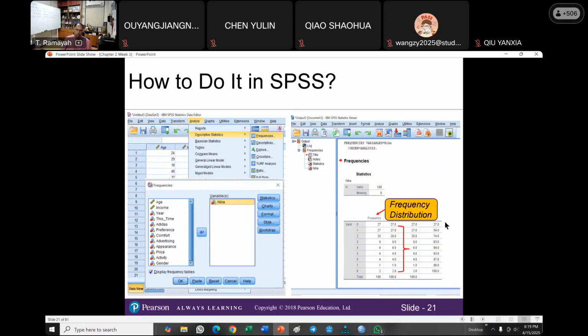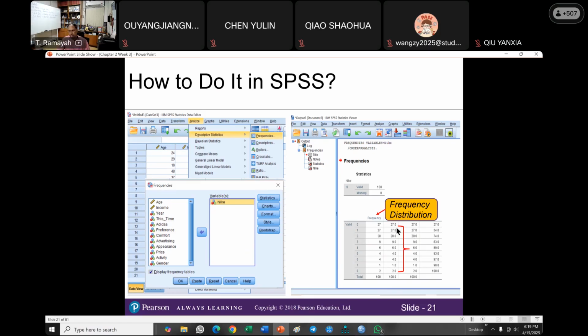We can also calculate the relative frequency, which is this column. 27 divided by 100, you get 27%. This one is 20 divided by 100, you get 20%. So this command in SPSS, Descriptive Statistics Frequencies, will give you the frequency and also your relative frequency.